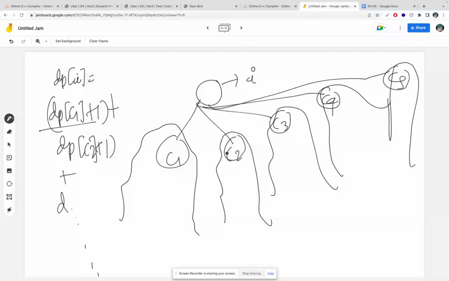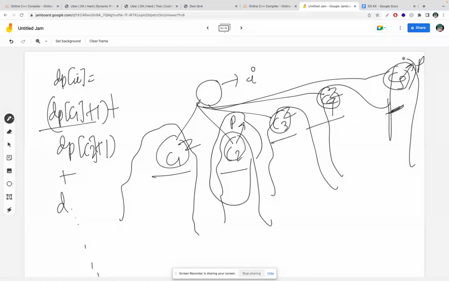For example, say c2 is a prime number, c1 is z, c3 and c4 are also z, and say c5 is a prime number. So we will only add dp c1 plus 1, dp c3 plus 1, dp c4 plus 1. The c2 and c5 terms you will ignore because these are prime numbers, so ignore those subtrees. I hope everything till here is clear.